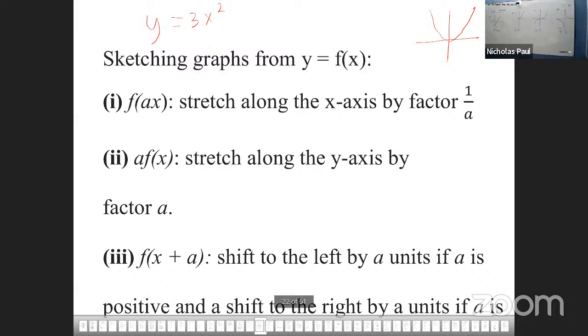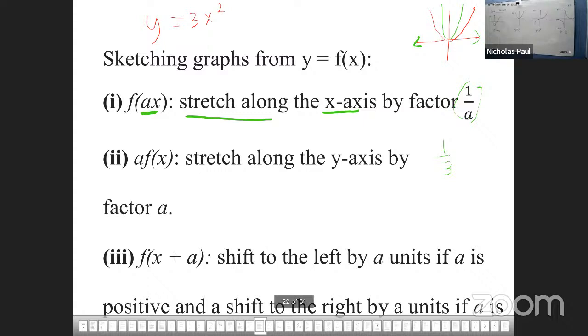If I multiply x by a, I have to stretch along the x-axis by 1 on a. So along the x-axis, I have to stretch it by a factor of 1 on 3. All that simply means is that 3x squared will look like this.